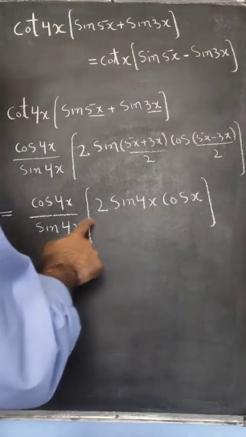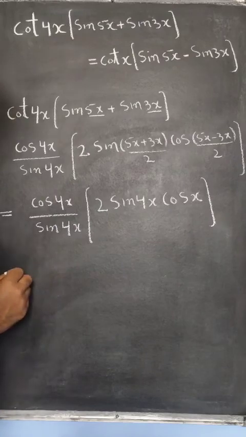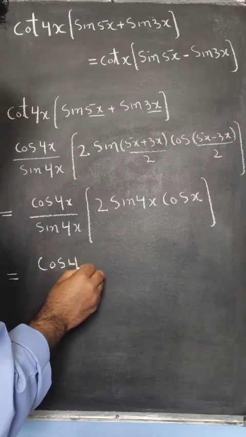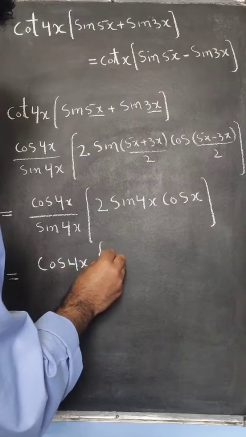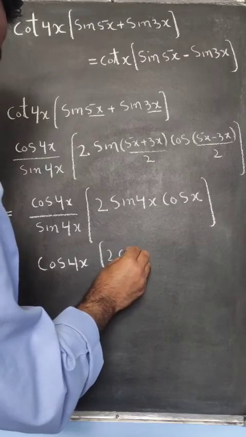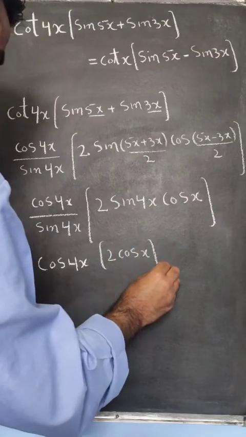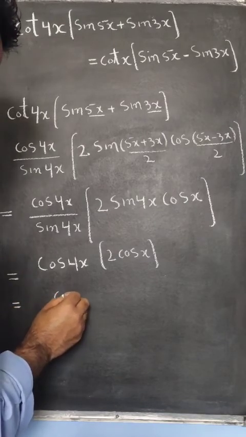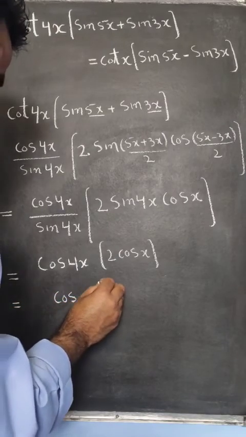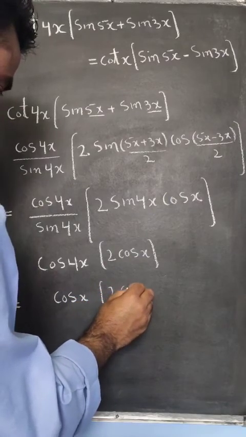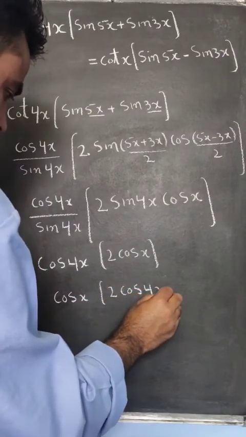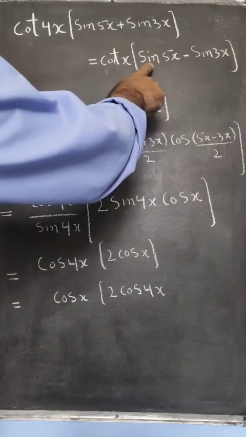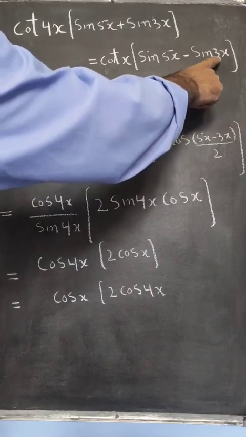Now sine of 4x divided by sine of 4x is 1, so we get cosine of 4x into twice cosine of x, or we can write it as cosine of x into twice cosine of 4x. Now in RHS we have cot x into sin 5x minus sin 3x.